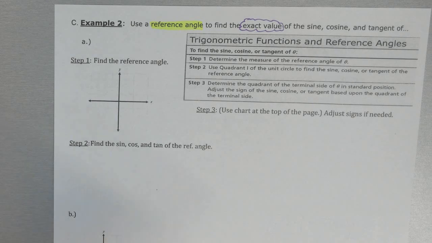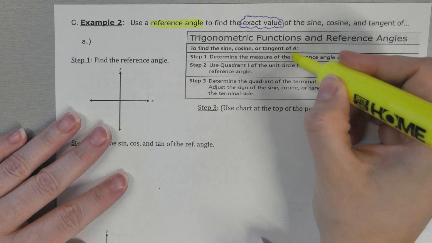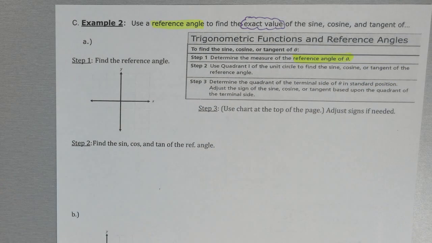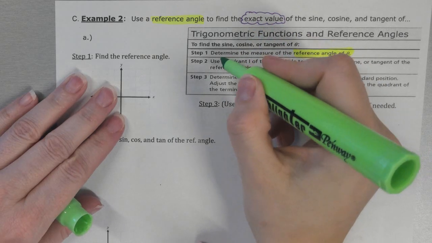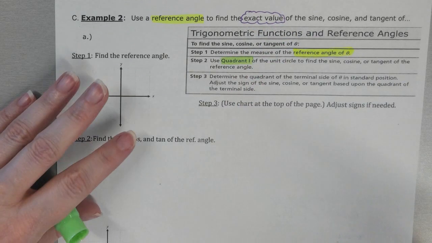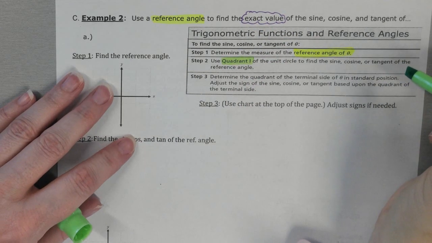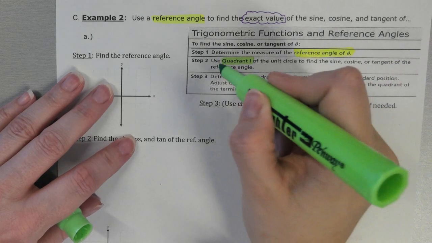Okay, so here are your steps. The first thing you're going to do is find the measure of the reference angle. Once you do that, you are going to use quadrant 1 of the unit circle to find the sine, the cosine, or tangent of the reference angle.